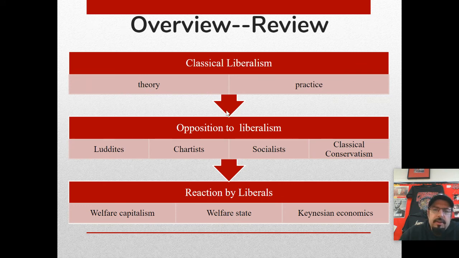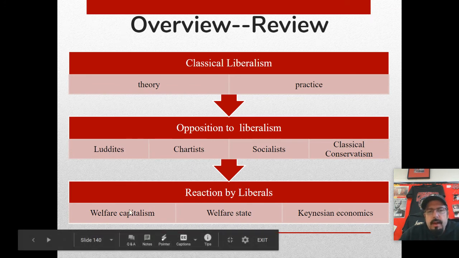Eventually, there was opposition to liberalism from various groups, and a reaction by liberals. We've looked at welfare capitalism, the welfare state, and even Keynesian economics. And so that's it, my friends. That's it for the rest of chapter 4.